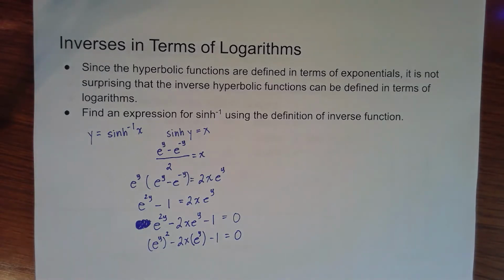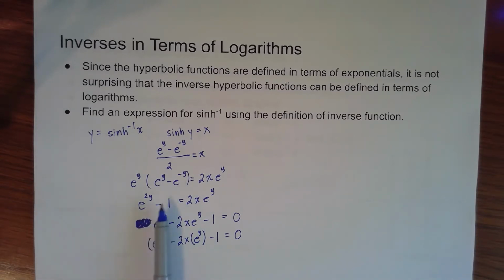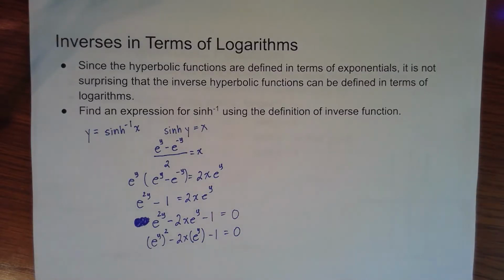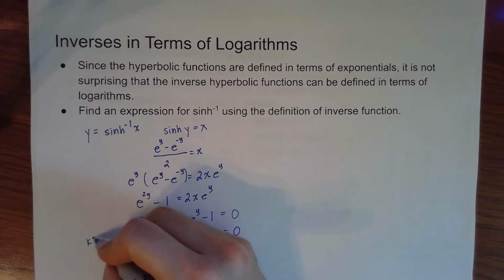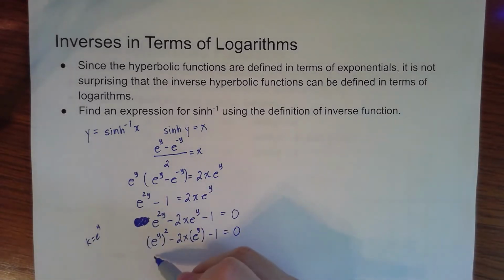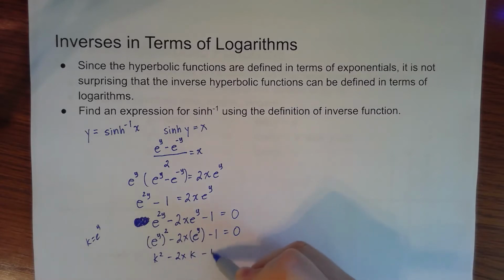So if you think about it, this is written in the form of a quadratic. We've got something squared minus a coefficient times that something, right? Let's say if k was e to the y, I could rewrite this as k squared minus 2xk minus 1 equals 0. So I can use the quadratic formula to solve for k.